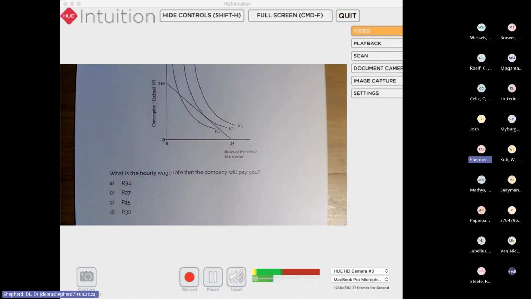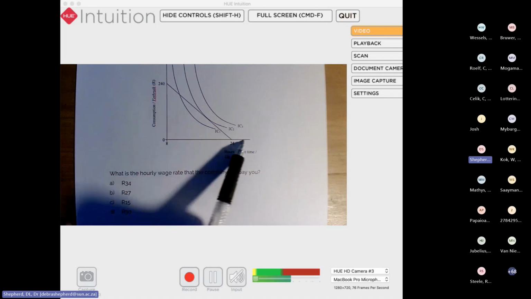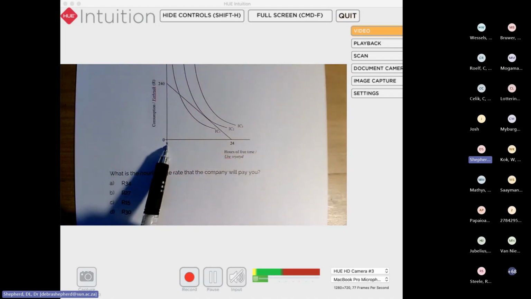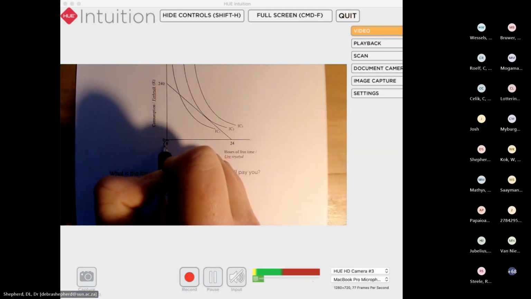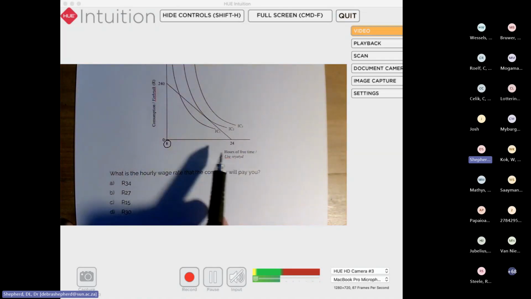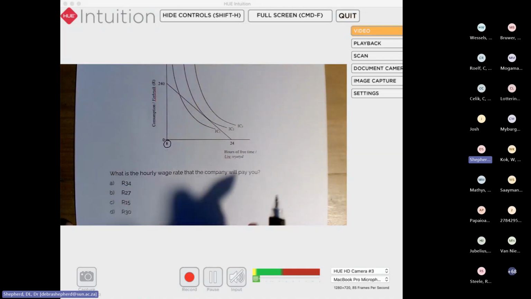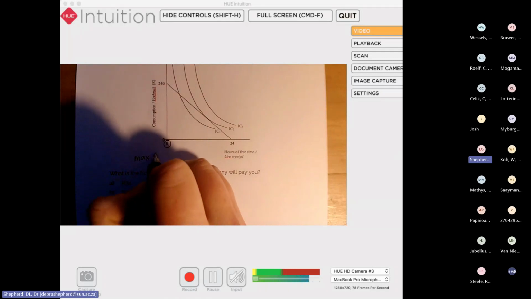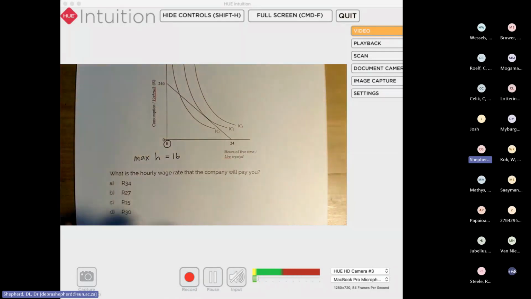Ms. Matheson says 15 Rand. Anyone else have a different answer or agree with that? We can then maybe go into how you calculated that. So what we can see here from this budget constraint is that the minimum amount of time you're going to spend in free time is 8, which means your maximum hours of work is 16.